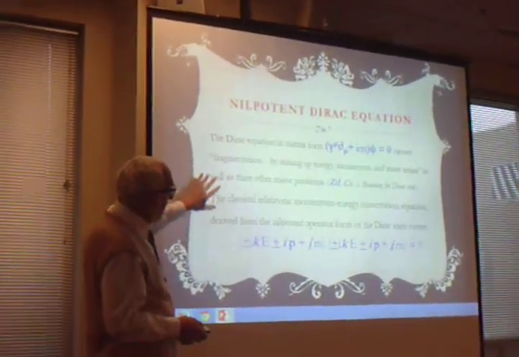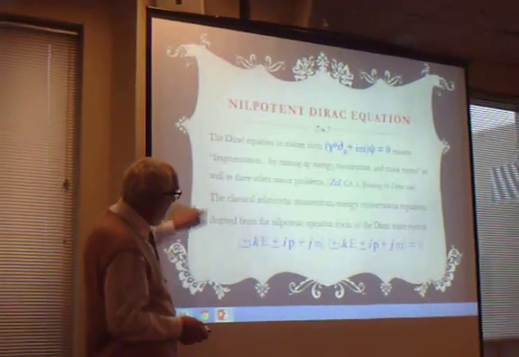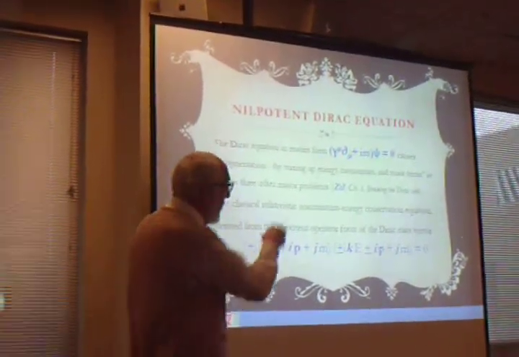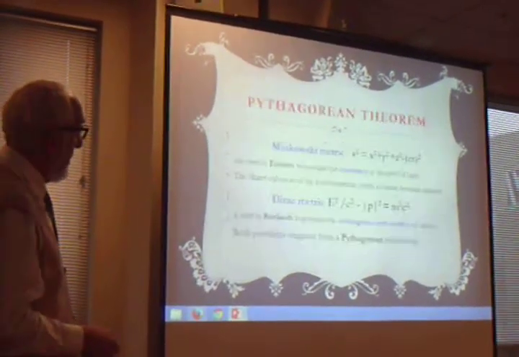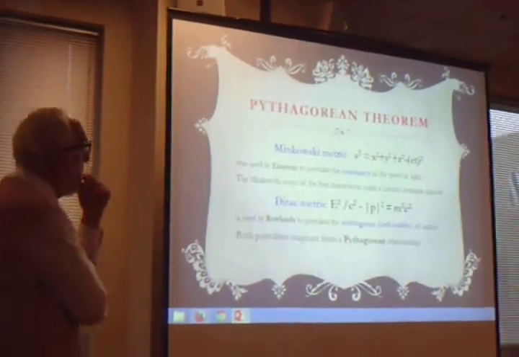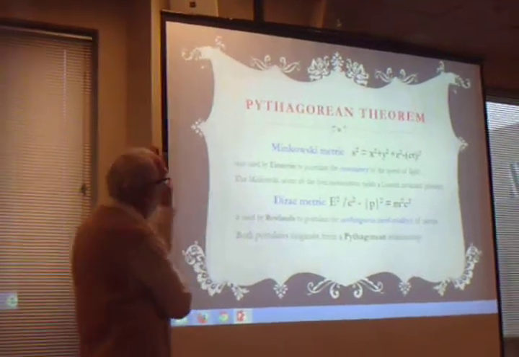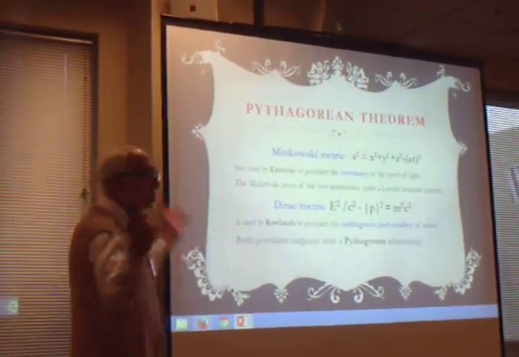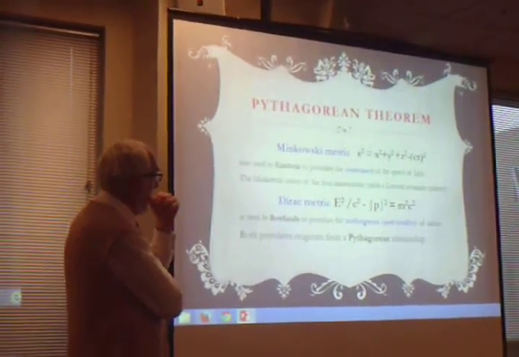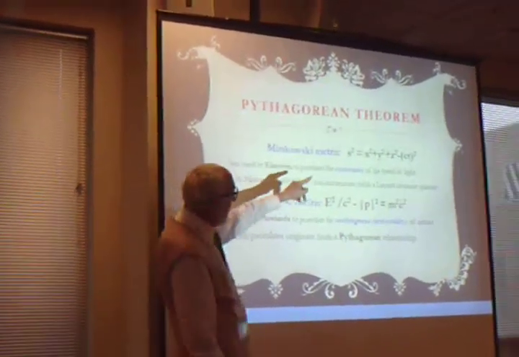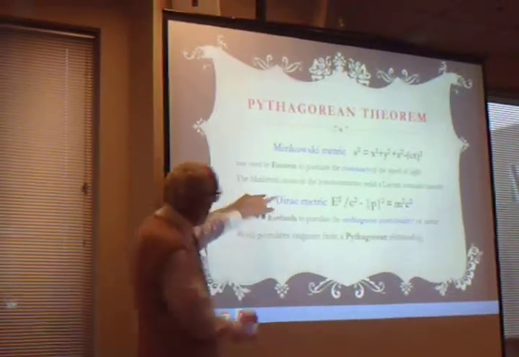So, the classical relativistic momentum energy conservation equation derived from the nilpotent operator form of the Dirac state vector is what he showed yesterday. Okay, so the Minkowski, how is this related? I mean, these are related also to the Pythagorean theorem. The Minkowski metric was used by Einstein to postulate the constancy of the speed of light.